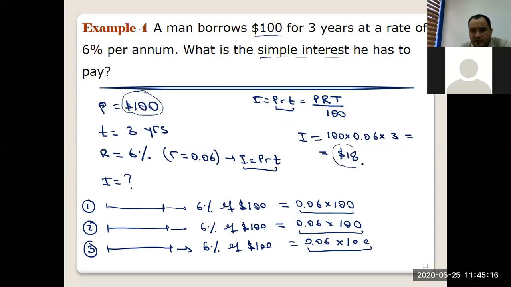So at the end of 3 years, you have to return $100 plus $18 to the bank because you have used the bank's money. And that's called simple interest. Why simple interest? Every time at the end of each period, when we are calculating the interest, we are using this original principal. Another case is compound interest. We'll talk about this a bit later.